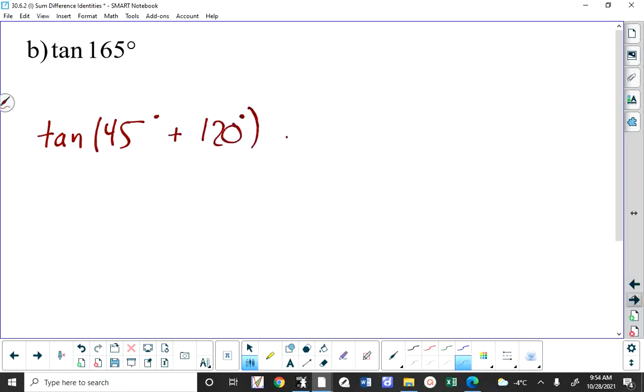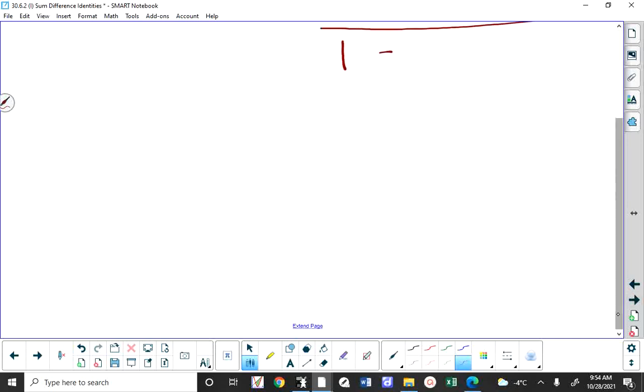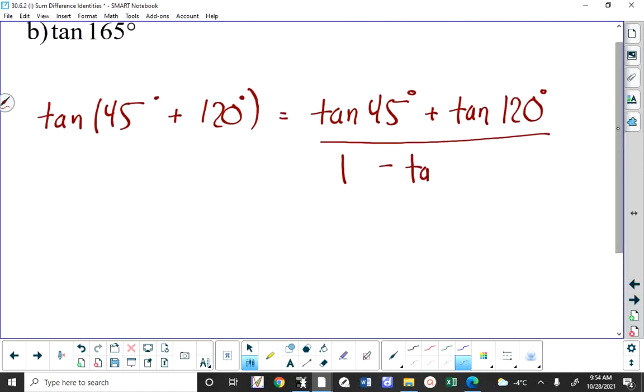This is going to be a little bit more work. You're going to look at your sum identity for tangent, and I'm going to try to remember this. Is the sum identity for tangent, does it have in the numerator tangent plus tangent? Okay, then I think I have it. Your sum identity will have tangent of A plus tangent of B over 1 minus tangent times tangent, over 1 minus tangent of 45 tangent of 120.